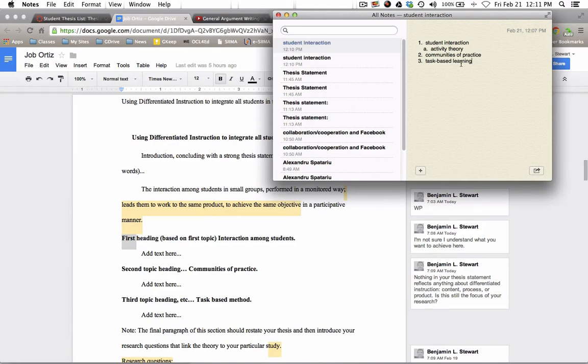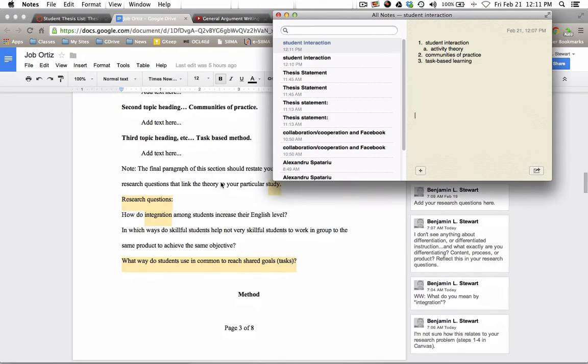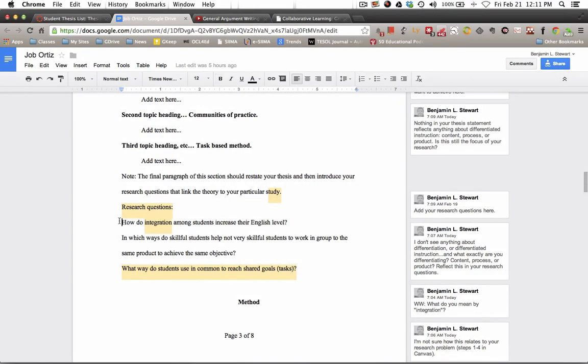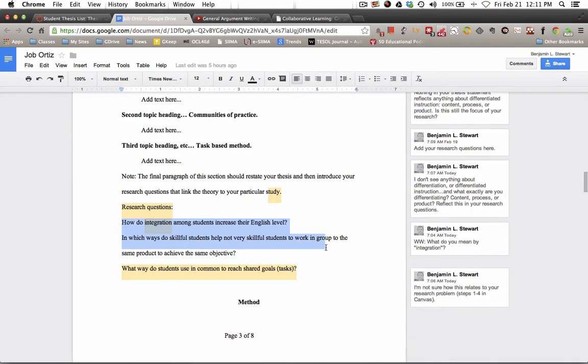Also, I changed the first, the second and the last research question. The first one says, how does interaction among students increase their English level?